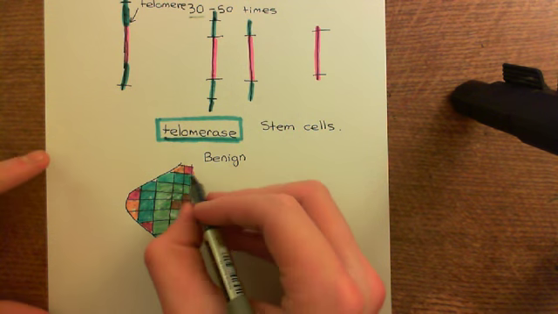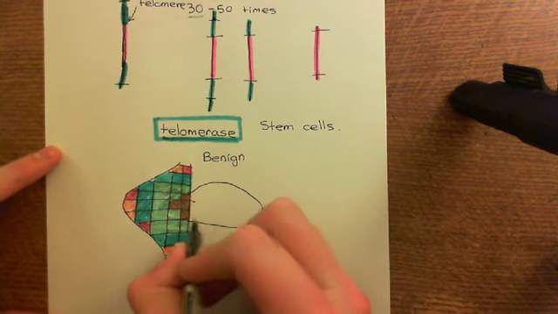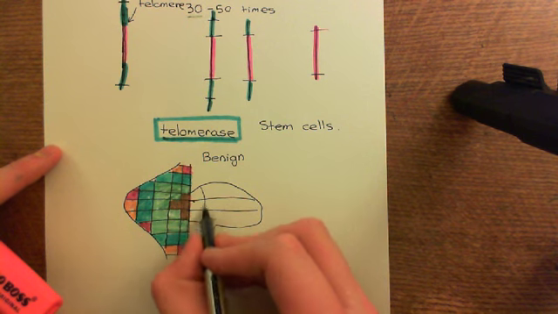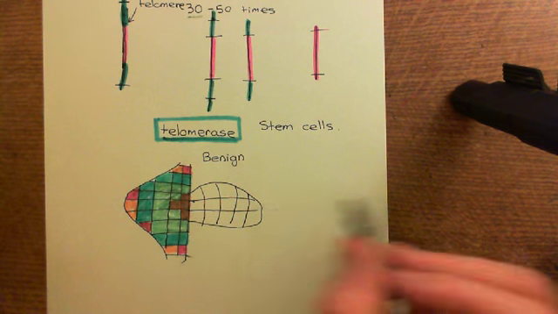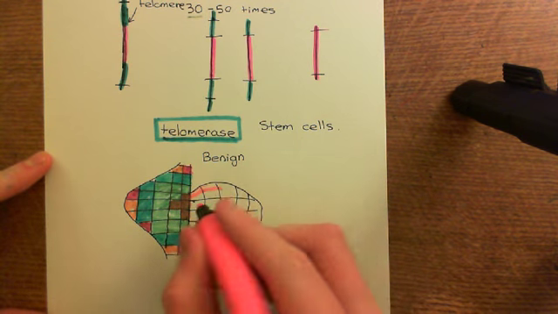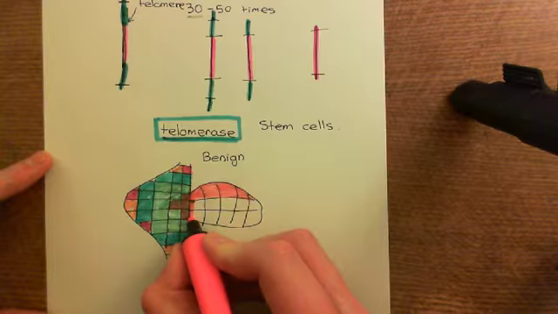And now they are going to break through the basement membrane, and they're going to move into the surrounding tissue. And they're going to start destroying the surrounding tissue. They're going to break into blood vessels and start chucking cells into blood vessels, and then they're going to set up secondary tumours far, far away. And it's those secondary tumours known as metastases which are often fatal.